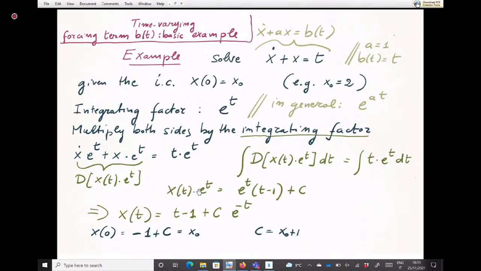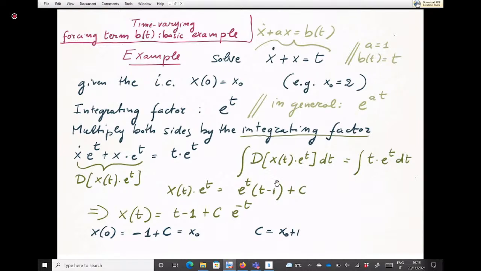So multiply both sides by exponential of minus t, so that this disappears. Here we have t minus 1 plus c times exponential of minus t. So this is precisely the general solution that we obtained with the method seen before. If I want x(0) to be x0, c is equal to x0 plus 1, and again we obtain our solution.